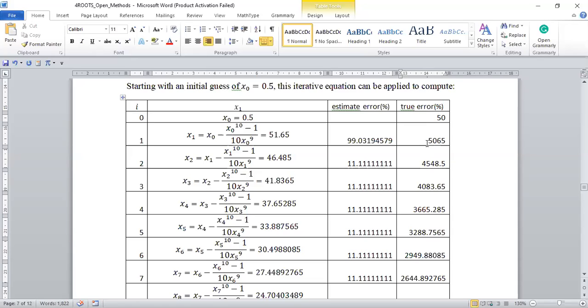The error is increasing rapidly, it is unstable. Normally the error is supposed to decrease as you are moving through the next iterations. The true value is 1. So you just compare 1 with 51.65, it's very much.